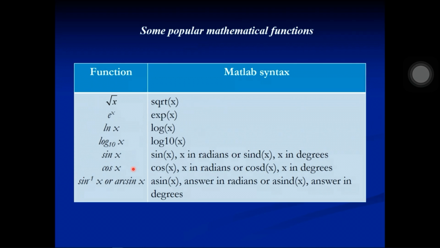And so the default when they started was that sine, cosine, tangent, what have you, are all expecting x to be in radians. And again, remember, in math we write sine x, but in MATLAB we always have to have parentheses. Sine is a function, log10 is a function, sqrt is a function. Anytime you use a function, you have to have parentheses. So this would be sin(x), this would be cos(x), and so on. Tangent would be tan(x), and so on.